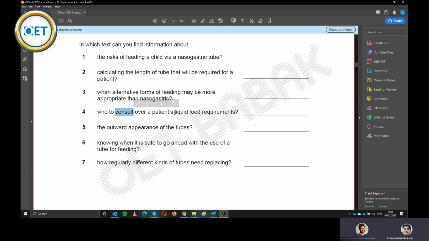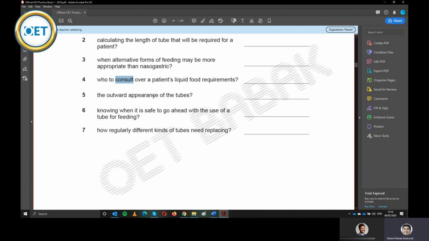Probably I think D. Yes. Outward appearance of the tubes. D. The appearance. You know, the fine tubes and big tubes, and is that? I think it's probably B.